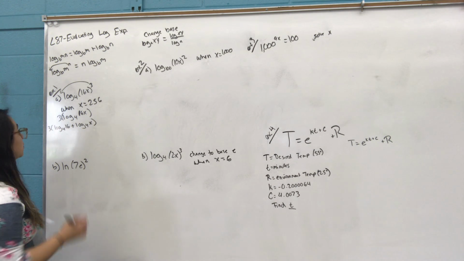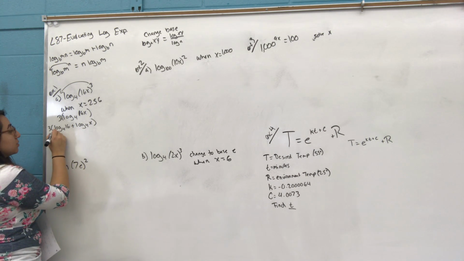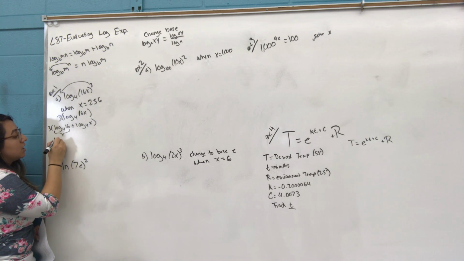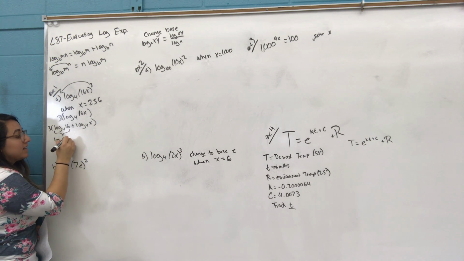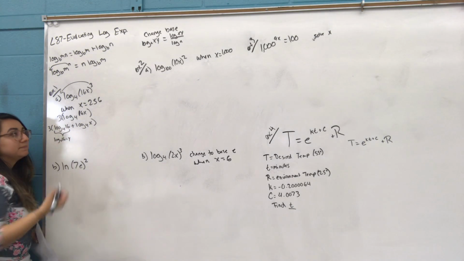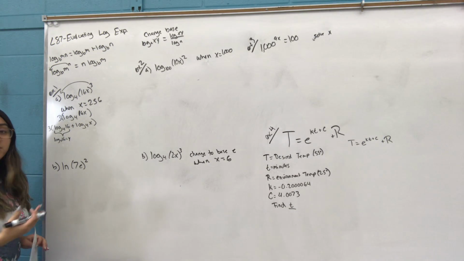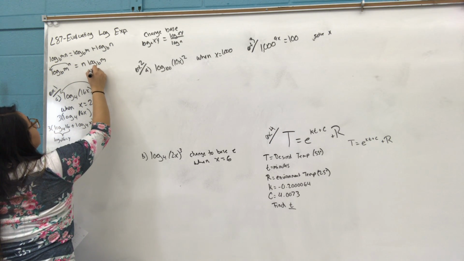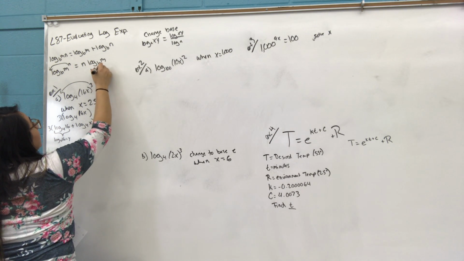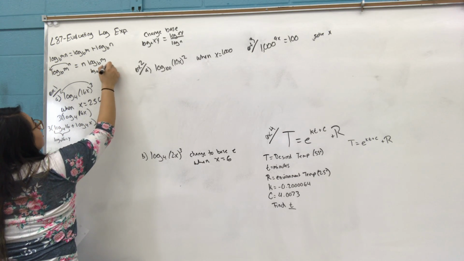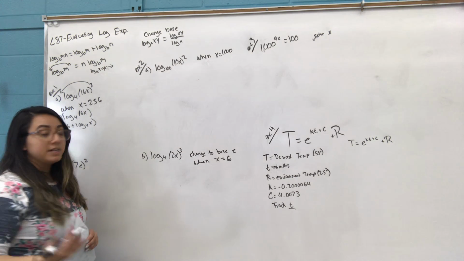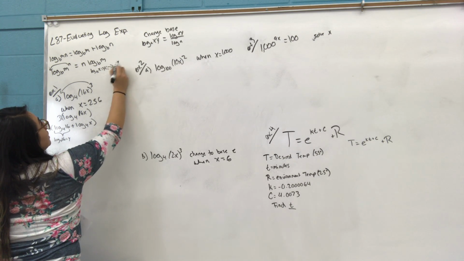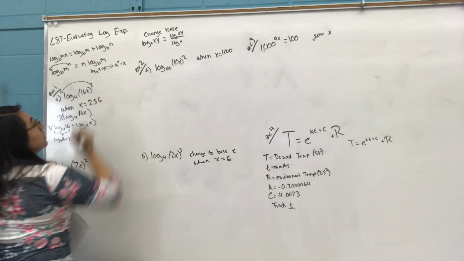Now I solve for each one separately. Let me take just this one out: log base 4 of 16. If I set it equal to y, I can solve for it. Whenever you're changing from logarithm form to exponential form, if log base a of x is y, then it's your base a to the solution y power, equal to x.